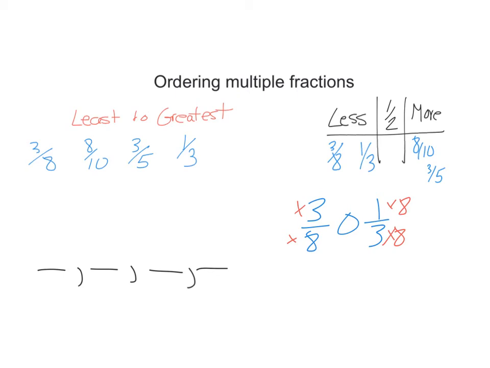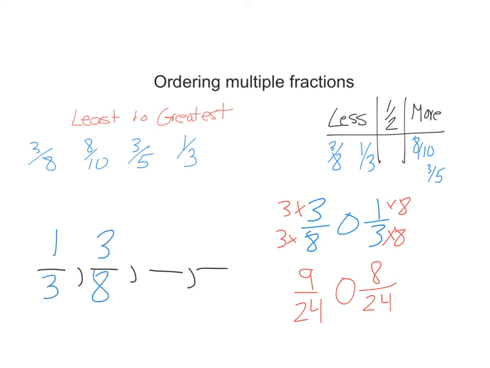Should be 8 times 3 for the opposite denominator. That's what happens when you rush. So I have 9/24 and 8/24. So I can now see that 1/3 is my smallest fraction. 3/8 is my next smallest fraction.